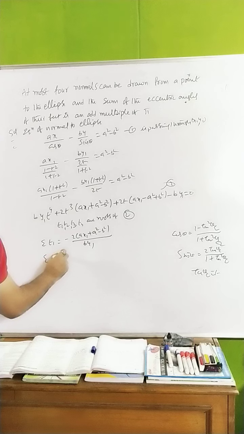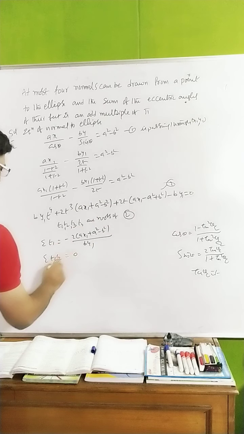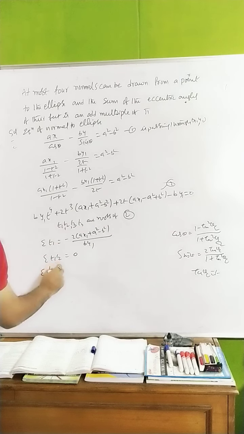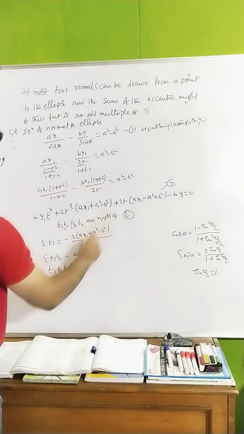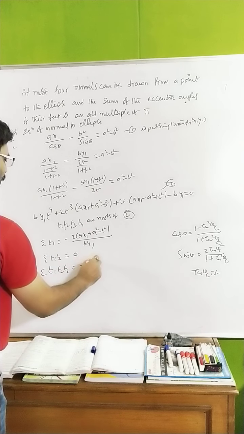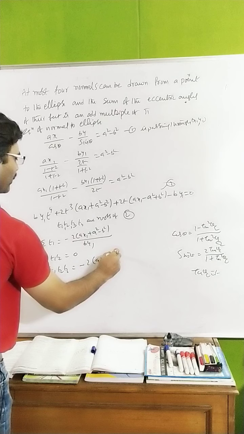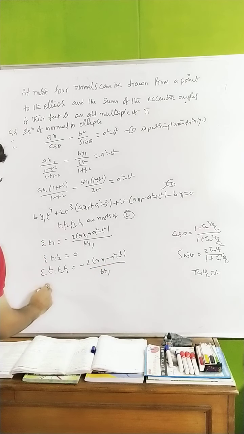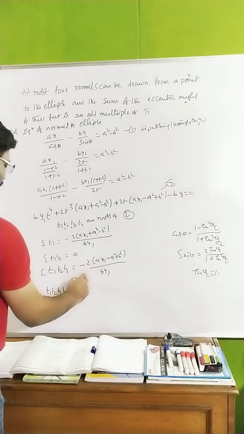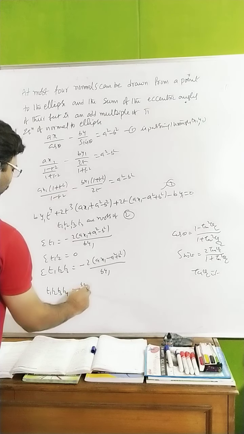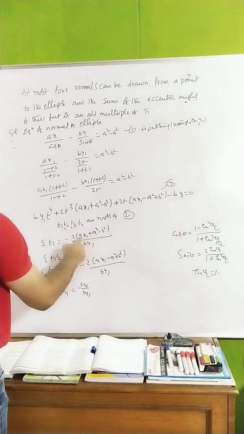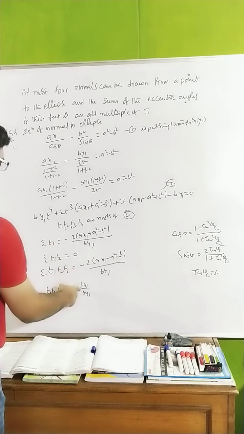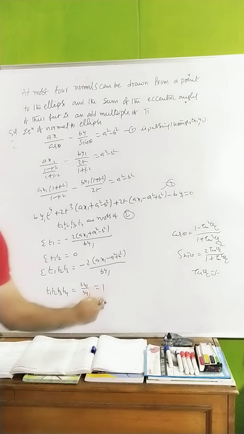Sigma t1 t2, since the square term is not there, is 0. Sigma t1 t2 t3 is again minus 2 into ax1 minus a square plus b square divided by by1. But the product of the roots t1 t2 t3 t4 is minus by1 by by1, which is minus 1. Minus plus minus plus, this is what you get here.